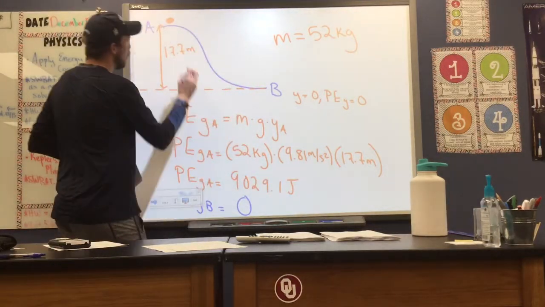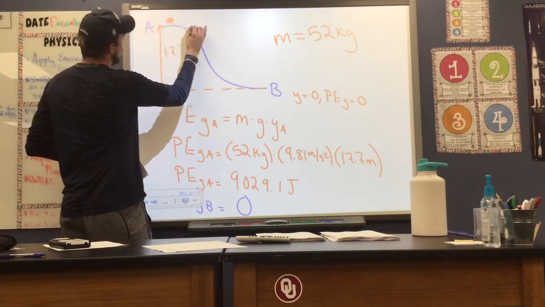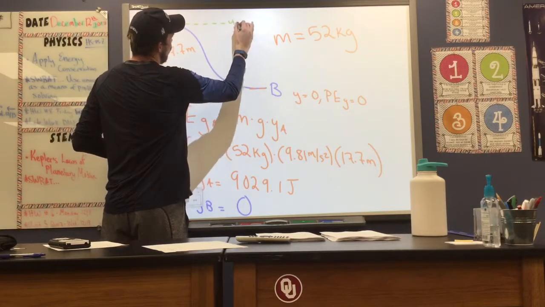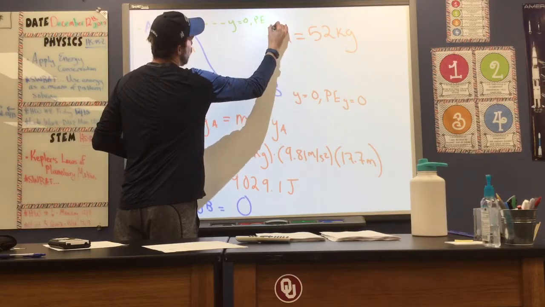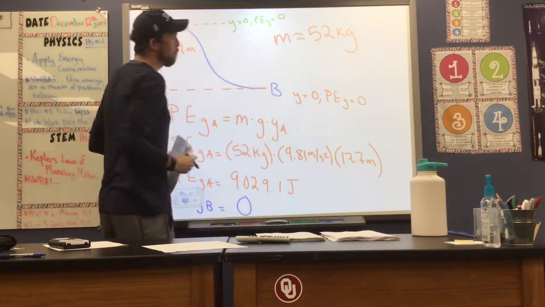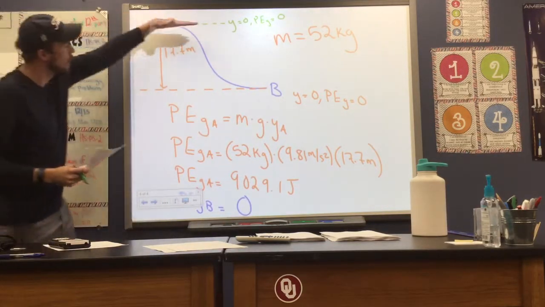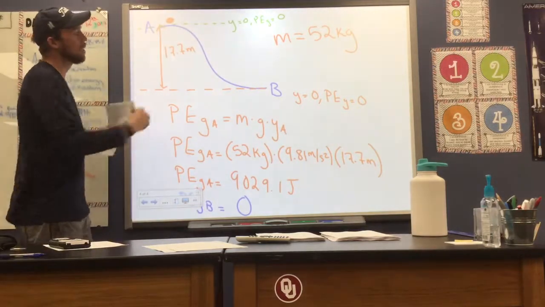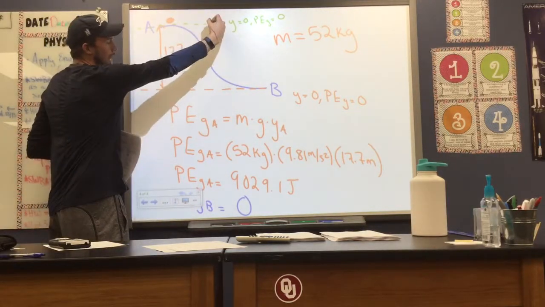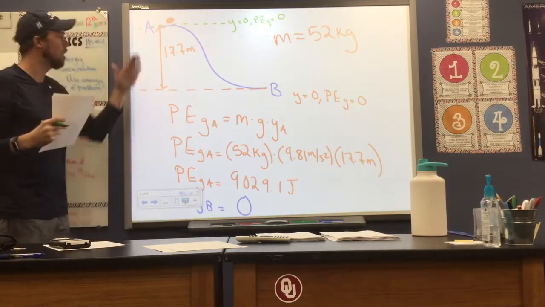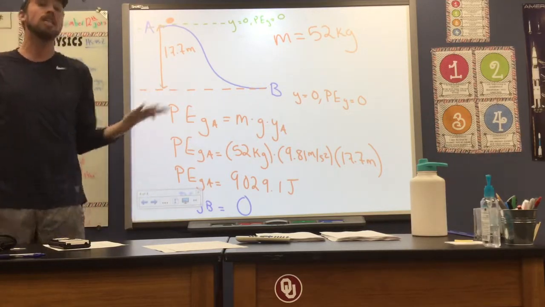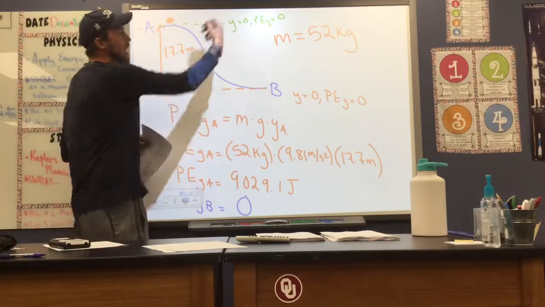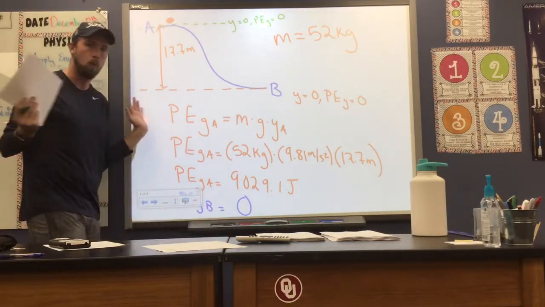If our 0 level was up at point A, we would call this y equals 0. Our potential energy at this point is 0. Again, we have the same object, we're moving the same distance, meaning our number is really not going to change at all. It's just a value of difference between those 2 points.